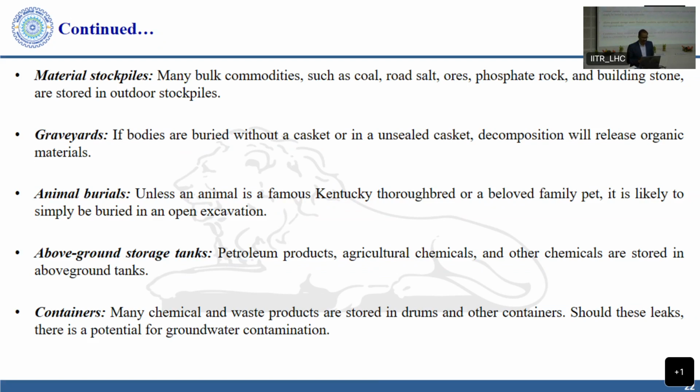They open the ground and put the animal in. Above ground storage tanks: petroleum products, agriculture chemicals, and other chemicals are also stored above the ground. That is also one source. Containers: many chemical and waste products are stored in drums and other containers. Should these leak, there is a potential for groundwater contamination.